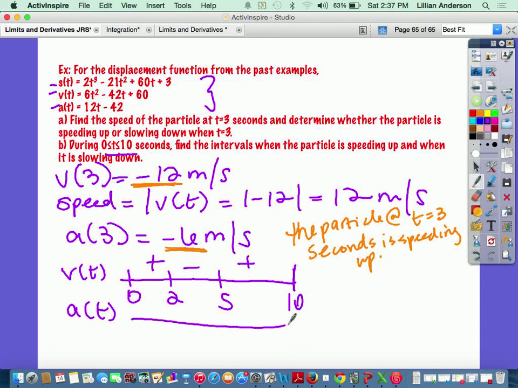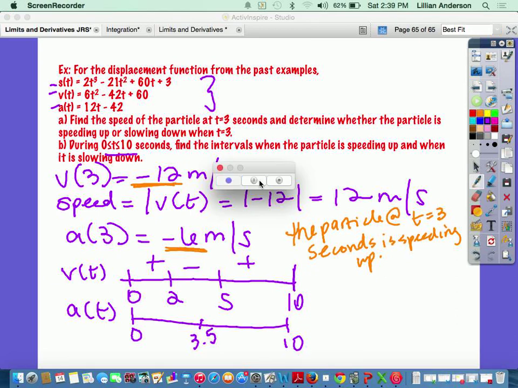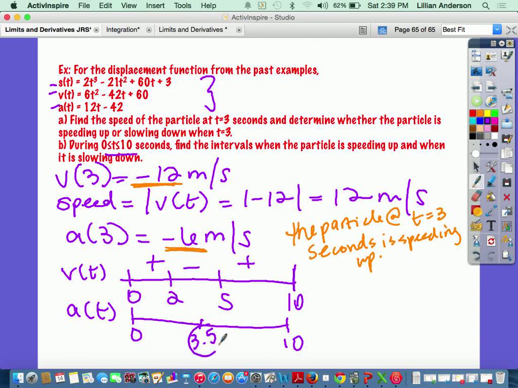Now the signs of a. When we look at our acceleration function, we still have 0 and we still have 10. We're not just going to pick a random number in between that interval. We actually are going to have another point, which is 3.5. Where would I get 3.5 from?